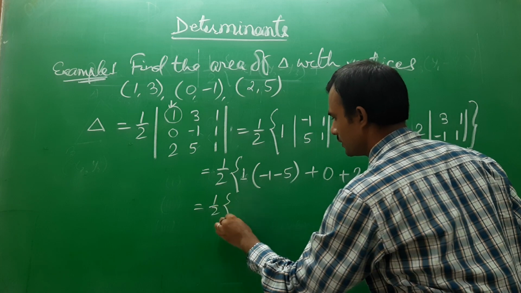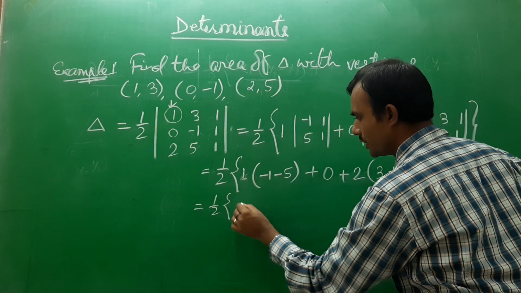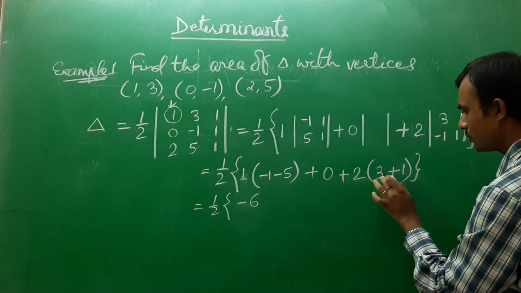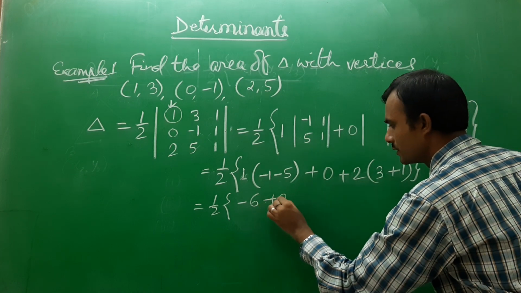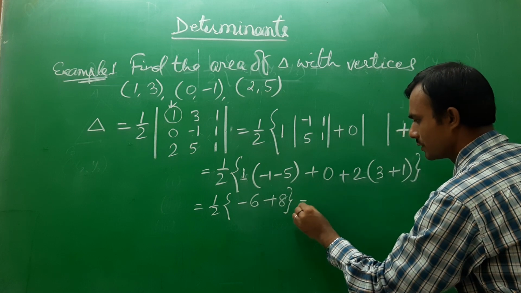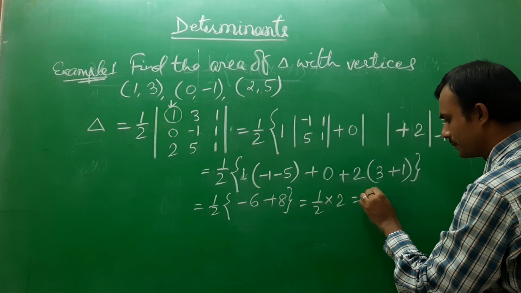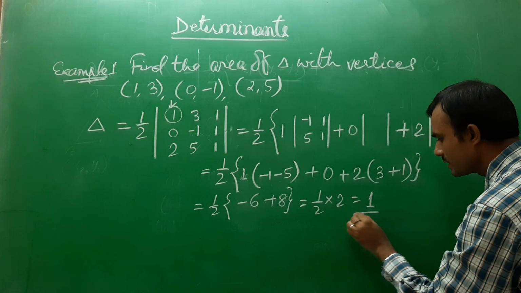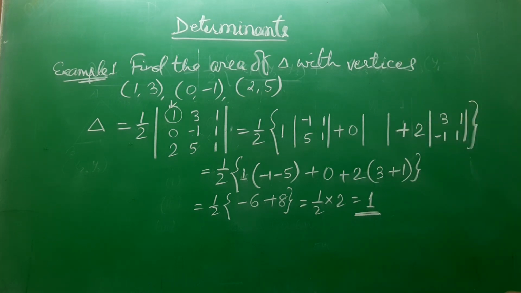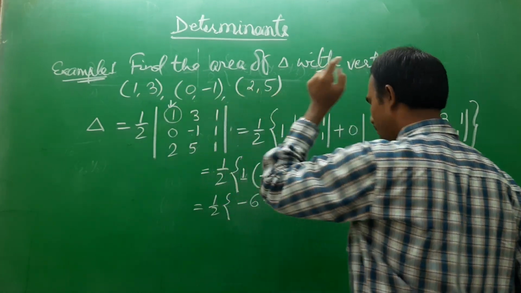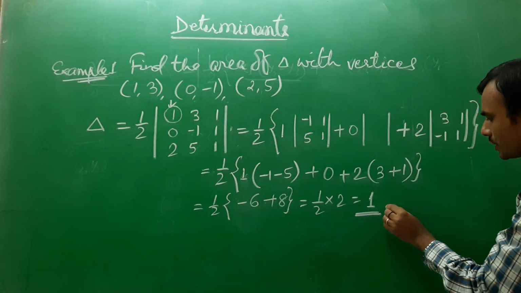Half of minus 6 into 1 is minus 6, 0, plus 2 into 4 is 8. Half into 2 equals 1. This is the area of the triangle with vertices (1, 3), (0, minus 1), (2, 5): 1 square unit.